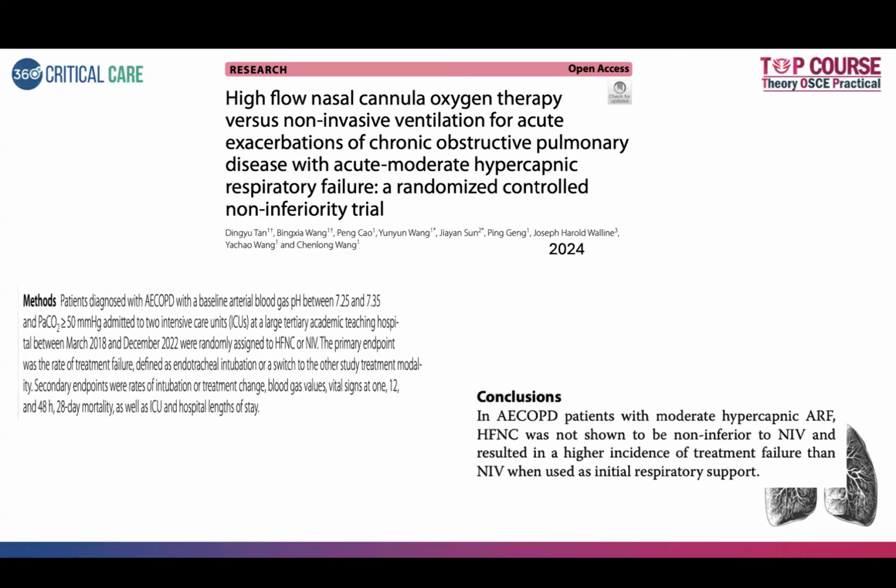So even till today, NIV is the standard modality of ventilation in patients who present with AECOPD. All right. So HFNC is not a good modality of ventilation in this subset of patients.